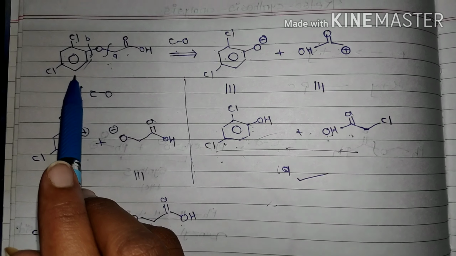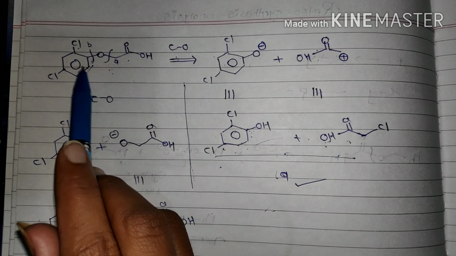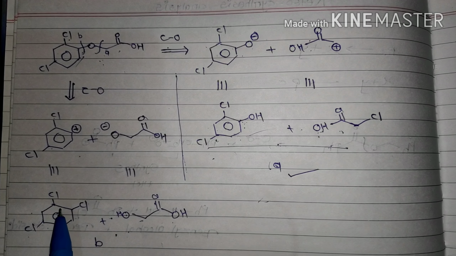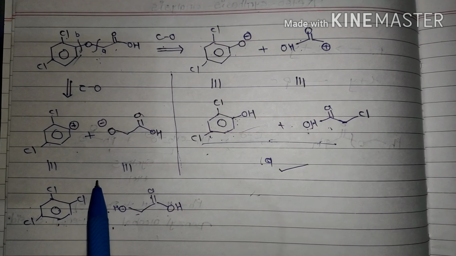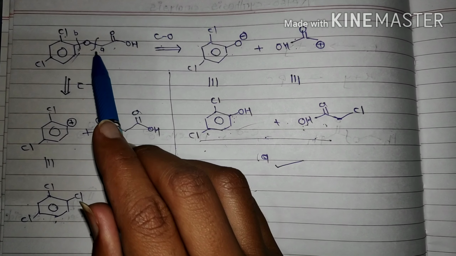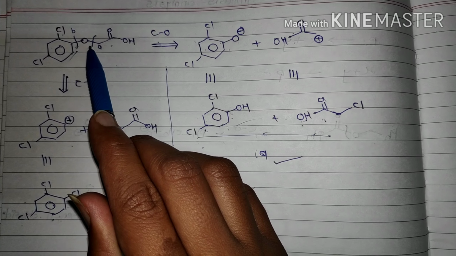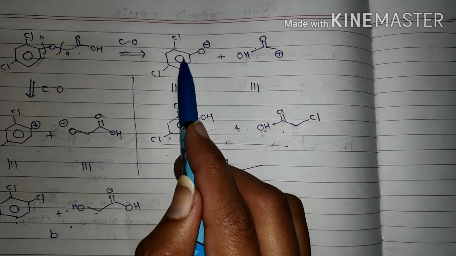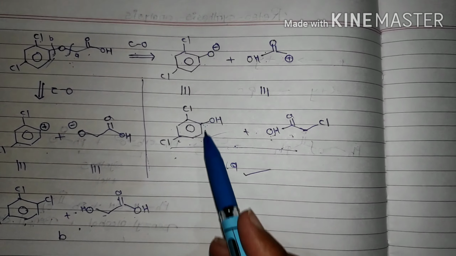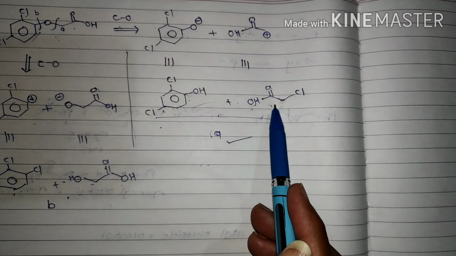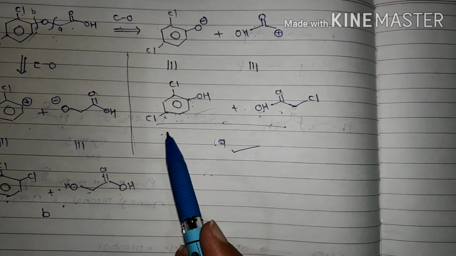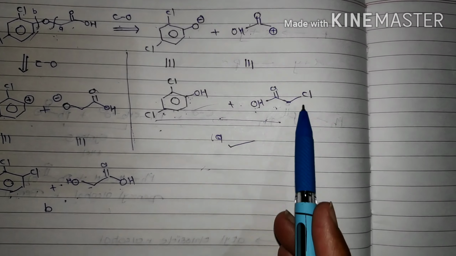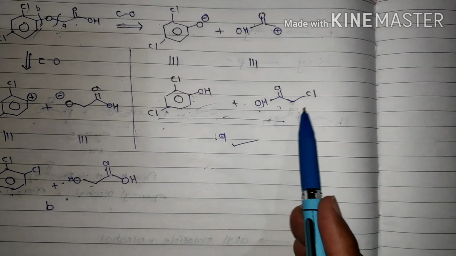Firstly, we disconnect both bonds, because we are understanding what the reliable reaction is and which way to disconnect. In the first route we disconnect this bond, give two synthons, and convert them into the two synthetic equivalents: 1,5-dichlorophenol and an alkyl halide.